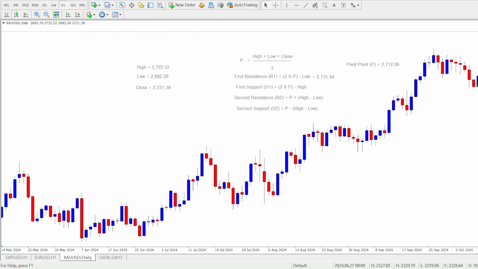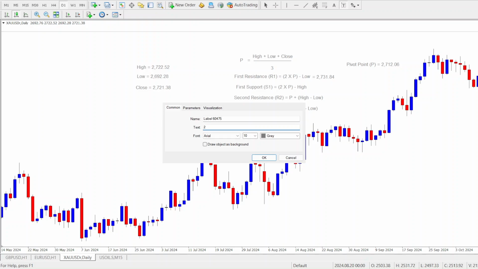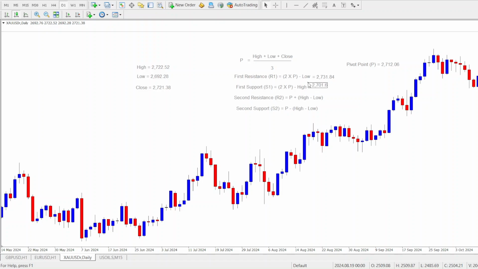So we're going to be having 2701.6. That's going to be our first support.